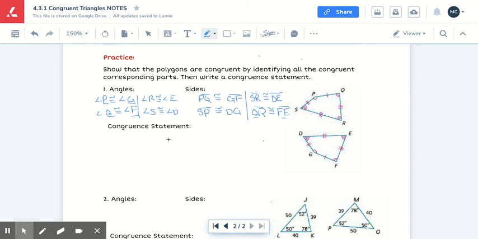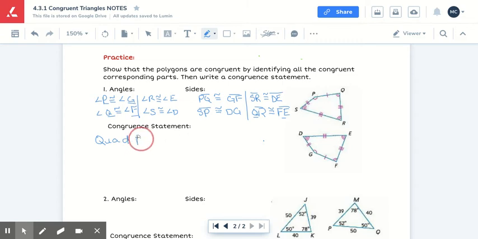All right, so when we write the congruent statement this time, we can't write a triangle because these aren't triangles. We would have to say quadrilateral, and typically they just write quadrilateral, QUAD. And then we would need to write a statement for this one. So I think I'm just going to do this one where I go PQRS.